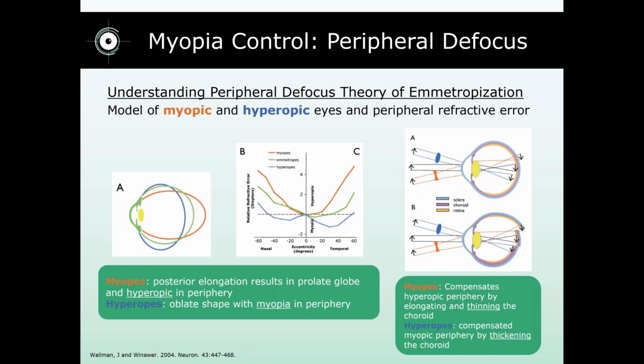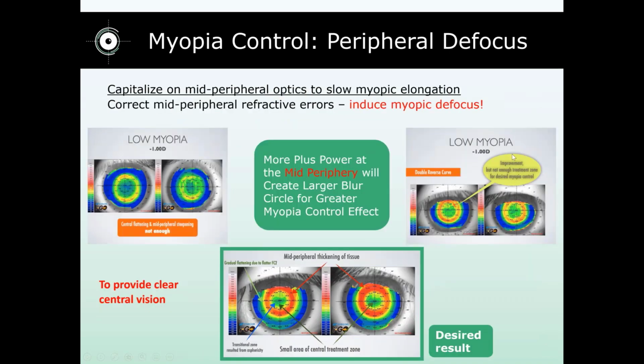How can we capitalize and manipulate the optics going into the pupil to optimize the image hitting the mid-peripheral retina? So now we want to induce myopic defocus. Many years ago, we have this result. Look at the topographer on the right side with -1.